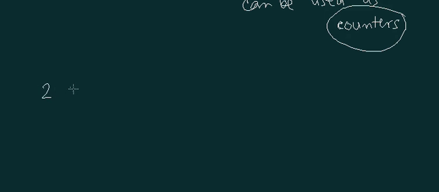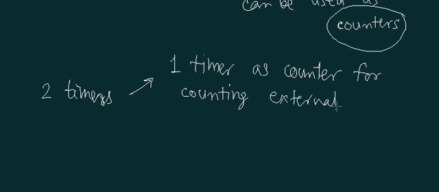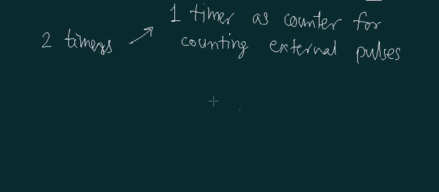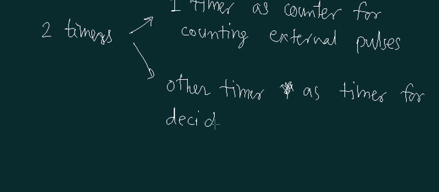So, two timers: we use one timer as counter for counting external pulses, and the other timer as timer for deciding what is called the gating period.